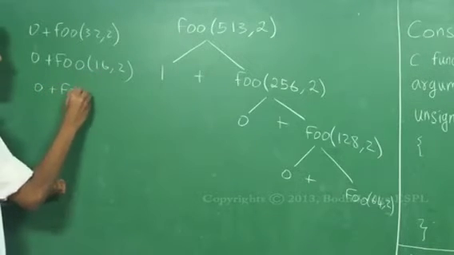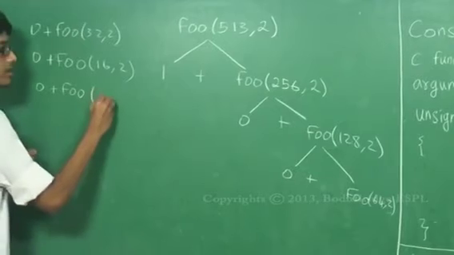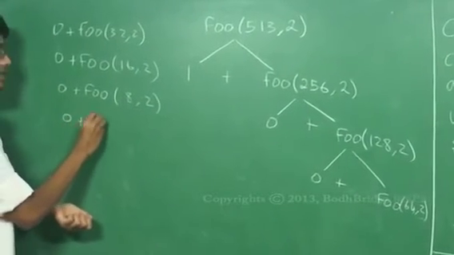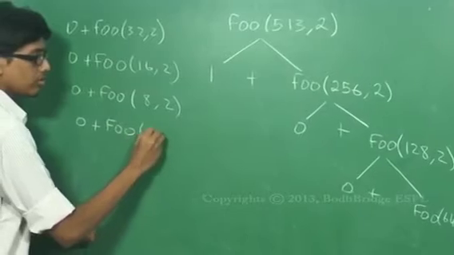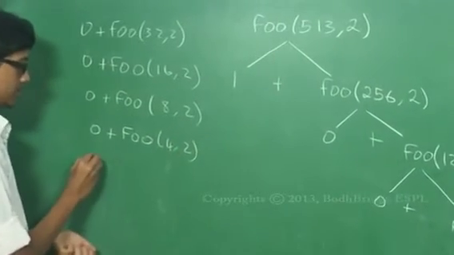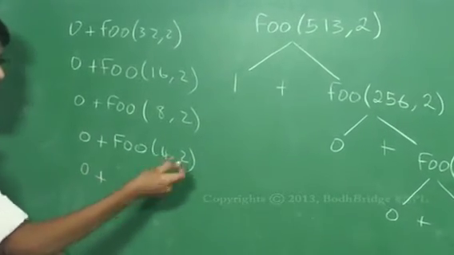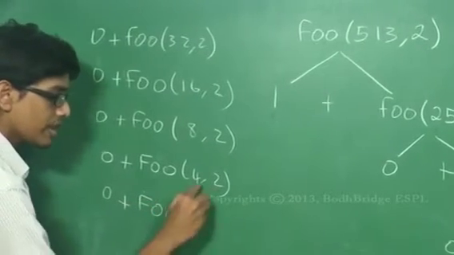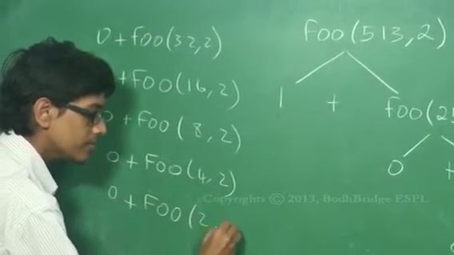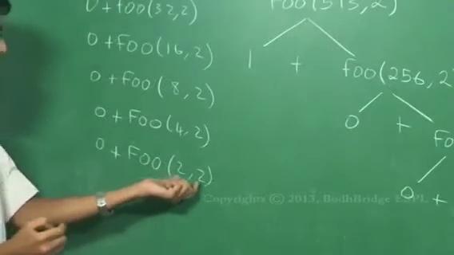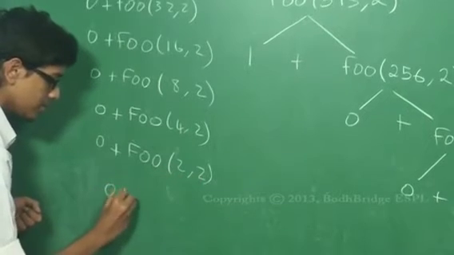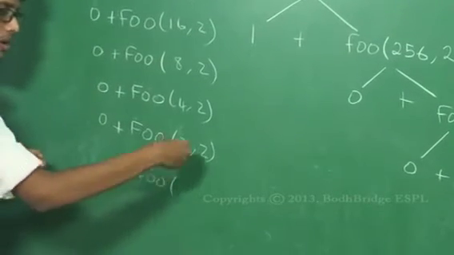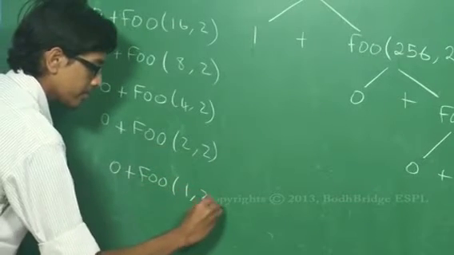Plus 16 by 2 is 8, 2. It will be 0 plus foo of 4, 2, 0 because 4 divided by 2 again the remainder is 0. 4 by 2 is 2, 2. 2 by 2 the remainder is 0. Now it will be foo of 2 by 2, 2 which is 1, 2.